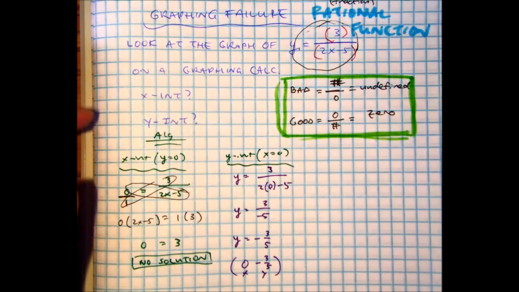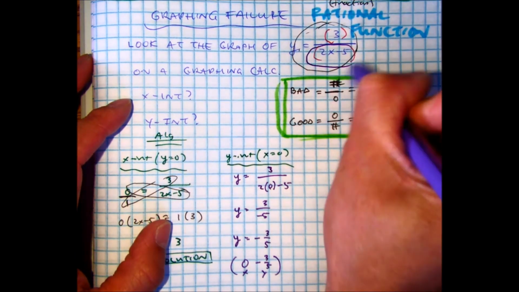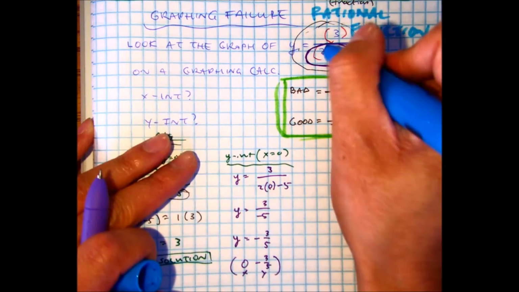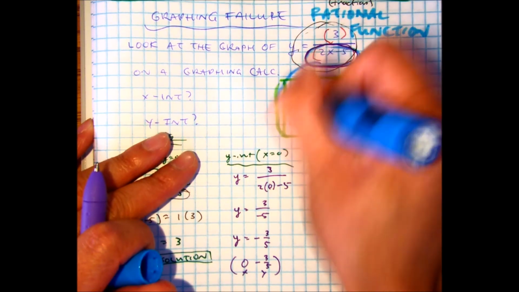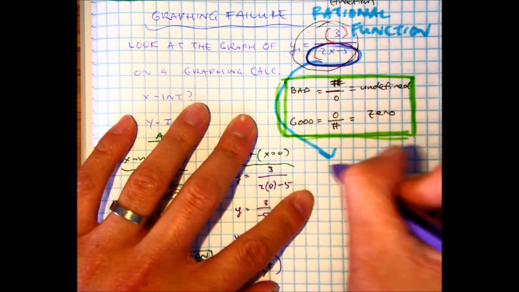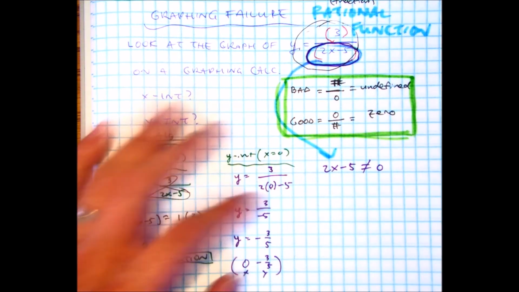Well, how do we apply this now? In this problem, the denominator cannot equal 0. Write that. The denominator can't equal 0.